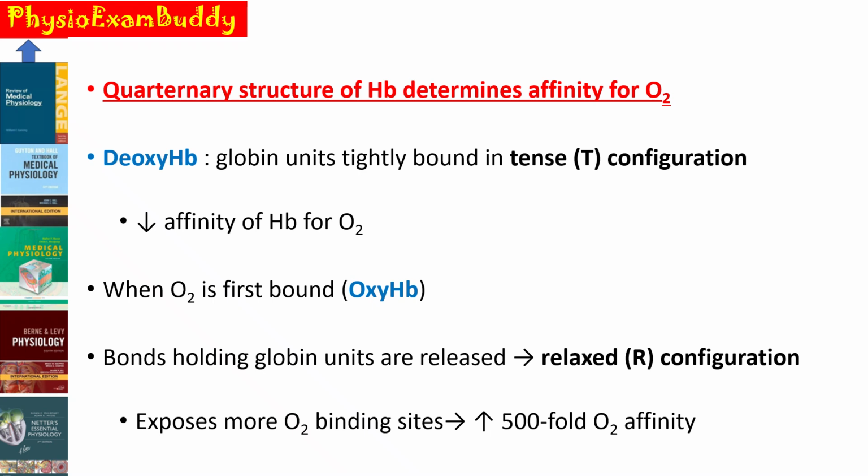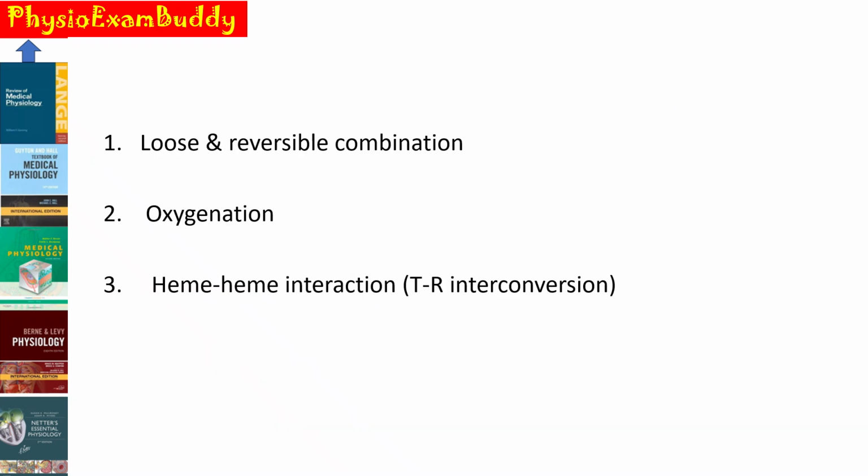And this is one of the reasons for the sigmoid nature of the oxygen hemoglobin dissociation curve. So basically the bond between the hemoglobin and oxygen is a loose as well as reversible combination, and there occurs an oxygenation reaction, and there occurs heme-heme interaction or TR interconversion, that is, the T configuration is converted into the R configuration.